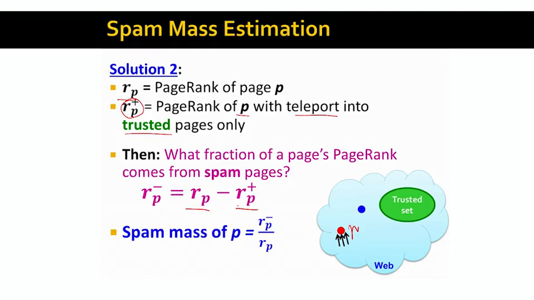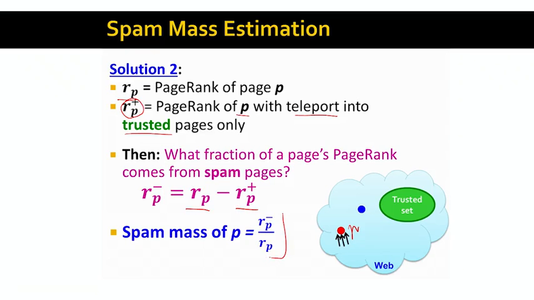Basically, we compute the PageRank score of a page using the simple PageRank where the teleportation is uniform. We also compute the PageRank score of a page where we always teleport to this trusted set of web pages. And now if a web page is really spam, then this difference will be high, right? Basically, there are a lot of other web pages on the web that we don't trust that really boost the importance of that page.